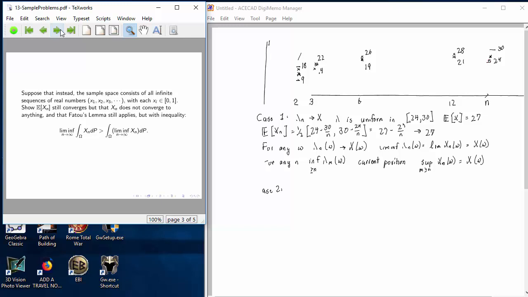This is a more interesting case because although the sequence of random variables doesn't converge to anything, the sequence of expectations still converges. And in fact, the expectation of x sub n is the same as in the previous case.